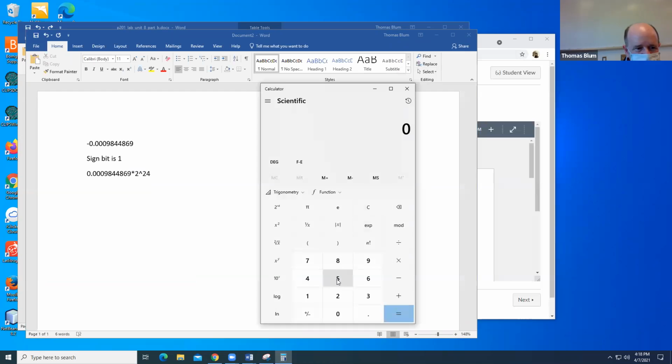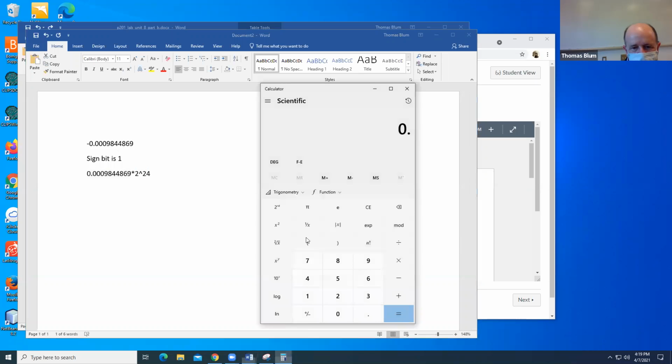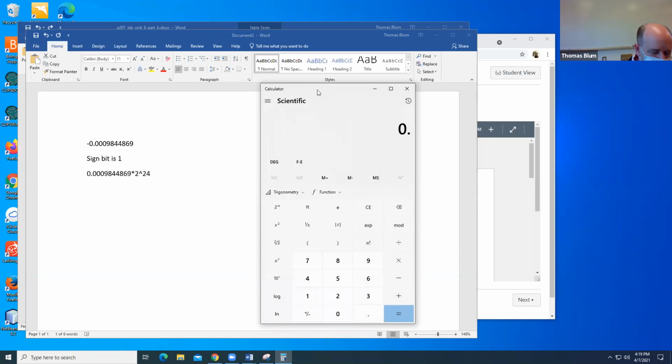It came up as scientific, which is what I want. So point, let me get the dot in there. Control C, copy, and then Control V. Okay, so there's my number.